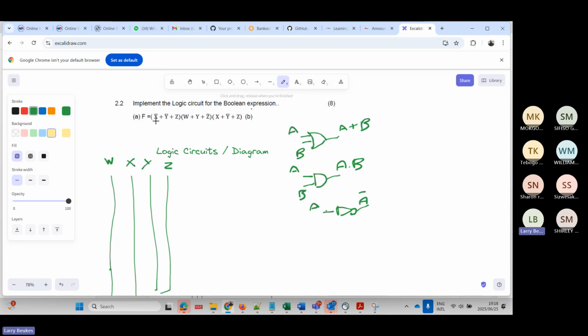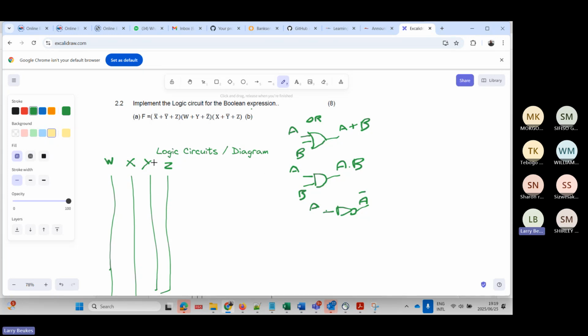Now we need to conduct on inputs X, Y, and Z, and this must go through an OR gate. You see, this is the gate that adds. So we're going to use an OR gate. One input is going to be X, the other Y, the other Z, but X and Y must be inverted.